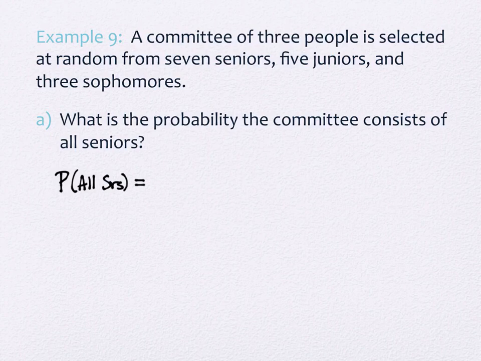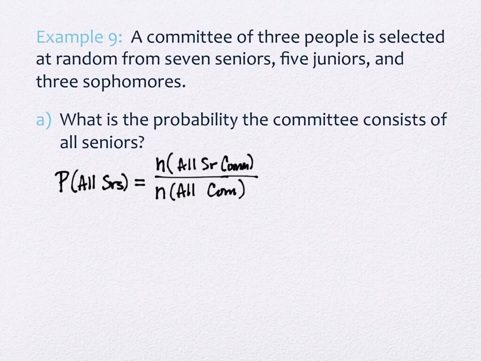But the only way we can do that is by finding the number of all senior committees. How many of those are even possible? And the number of all committees. I'll abbreviate COM.